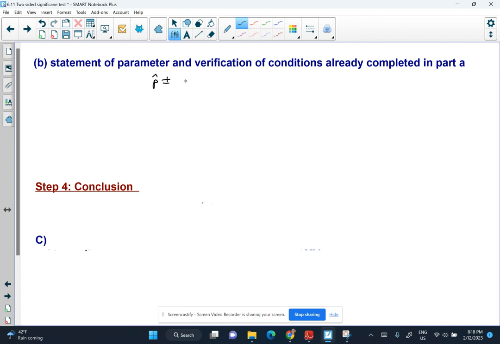And now you want to write out the formula for the confidence interval. It's the statistic plus or minus the critical value times the standard error. Now for the standard error, you have to use the p-hat in the formula. That's one of the differences between the two formulas for confidence intervals and hypothesis testing. P-hat in this case was 0.688.